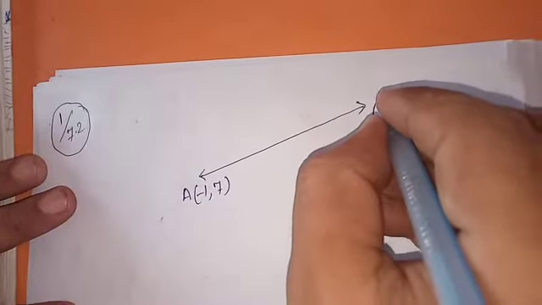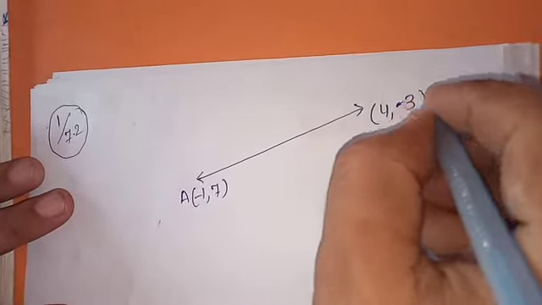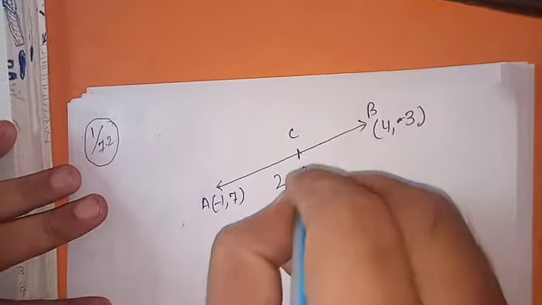I am telling the first question, exercise 7.2. Find the coordinates of the point which divides the join of these two points in this ratio. Let the first point be A, whose coordinates are -1 and 7, and the other point whose coordinates are 4 and -3 is B, and C divides in the ratio 2 to 3.